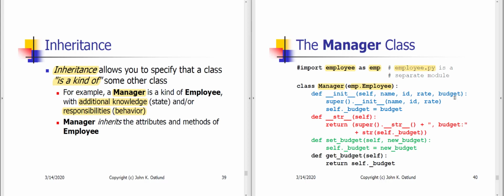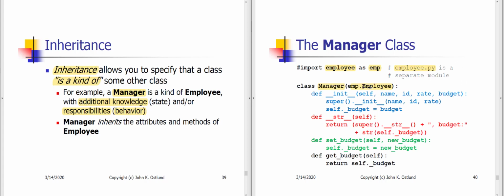In Python and Smalltalk and certain other languages, we refer to the employee class as the superclass and the manager class as the subclass. Okay, because you think of these in terms of sets. The employee is the superset, and the manager is the subset. Every manager is an employee. Not all employees are managers. All right, so employee is the superclass in which manager is a subclass.